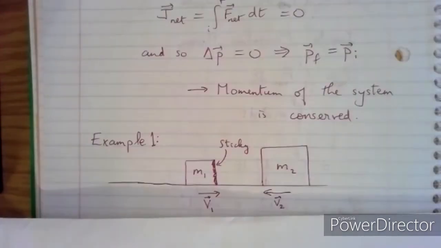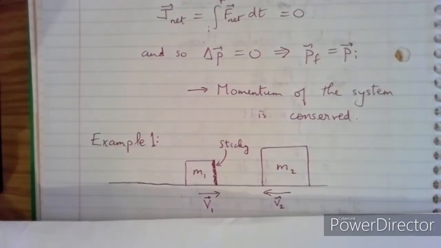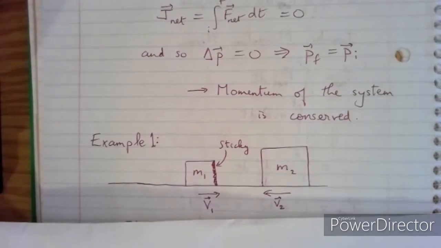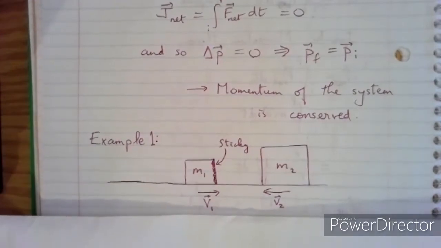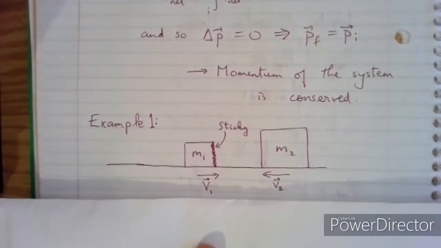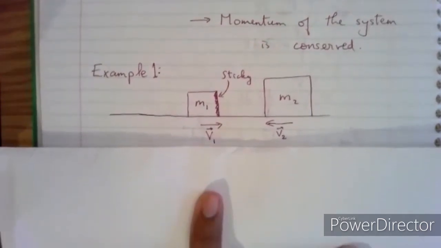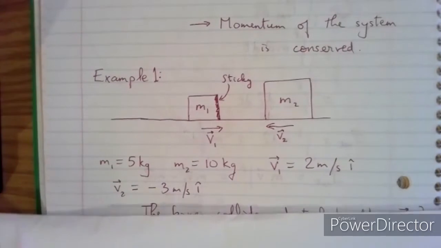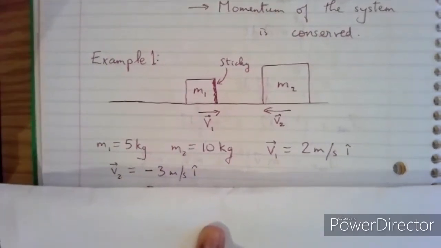In example 1, we have two boxes on a frictionless table. Box 1 has mass m1 and velocity v1, and box 2 has a mass m2 and velocity v2. And the side of box 1 is sticky, so that when they collide, they will stick together. We are given the values for the masses and the velocities.